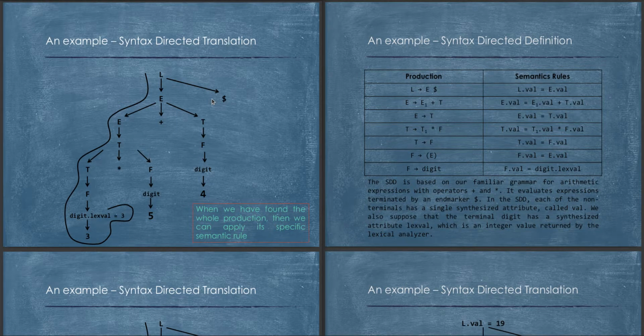So in the first phase we started from the very beginning; we get E from L, right? So interesting point: have we seen the whole production yet?